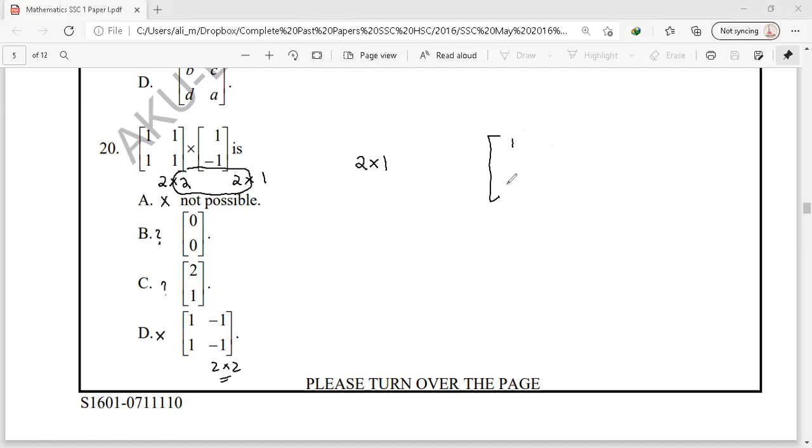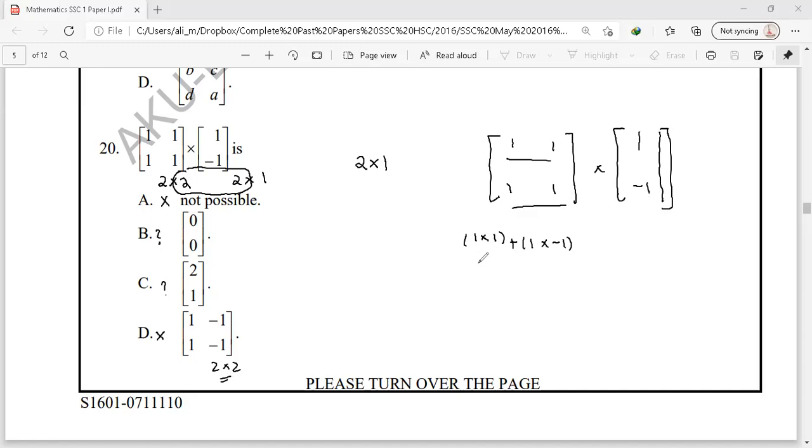So let's perform the multiplication of this 2 by 2 matrix with the 2 by 1 matrix. The first row is multiplied by the first column, so we have 1 multiplied by 1 and 1 multiplied by minus 1, and these two products are added. Next, the second row is multiplied by the first column: 1 multiplied by 1 and 1 multiplied by minus 1.